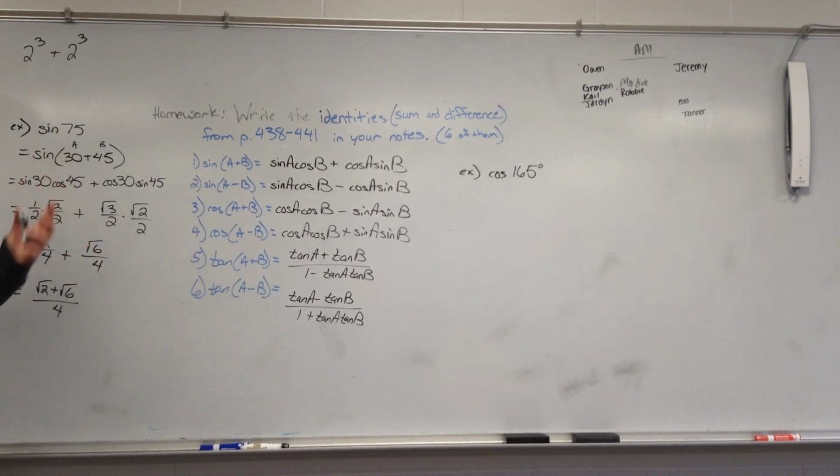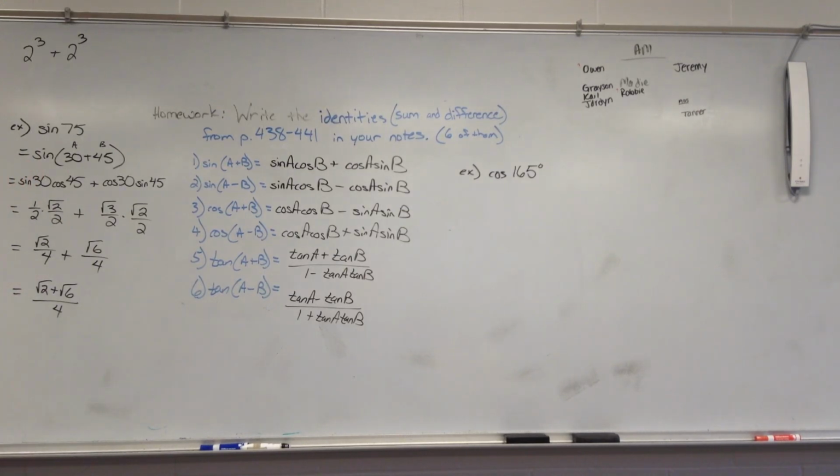Anybody have something different? What'd you have? 30 and 135? Would that work? Do you know both 30 and 135? Good. 210 minus 45? Would that work? Those are ones that you know. So, a lot of different ways to do it, right?